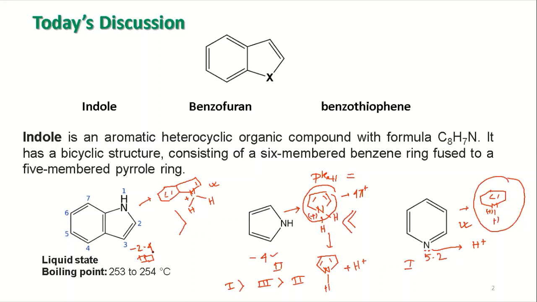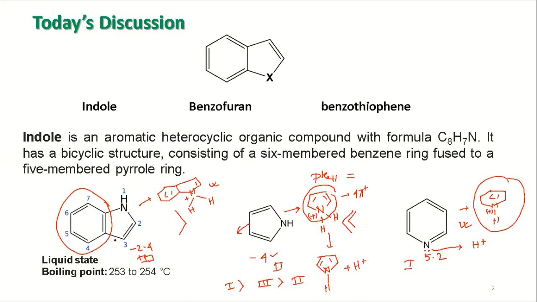Now, between these two, indole and pyrrole, indole is a bit more stable because you have the benzene ring, which at least preserves its aromatic character, whereas pyrrole, if protonation is happening here, is completely losing its aromatic character. But for indole, the benzene ring remains intact.